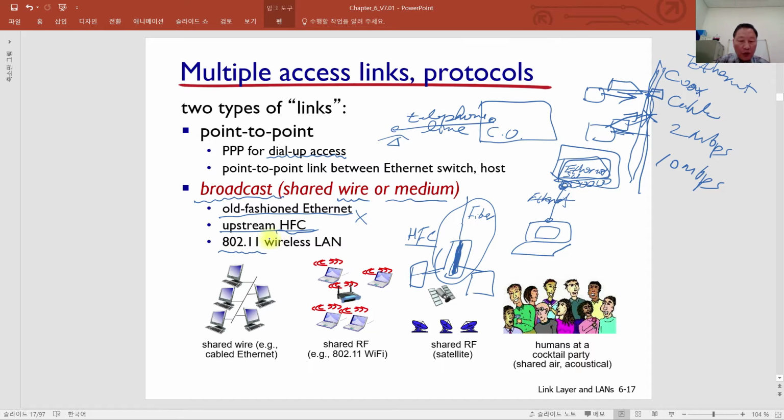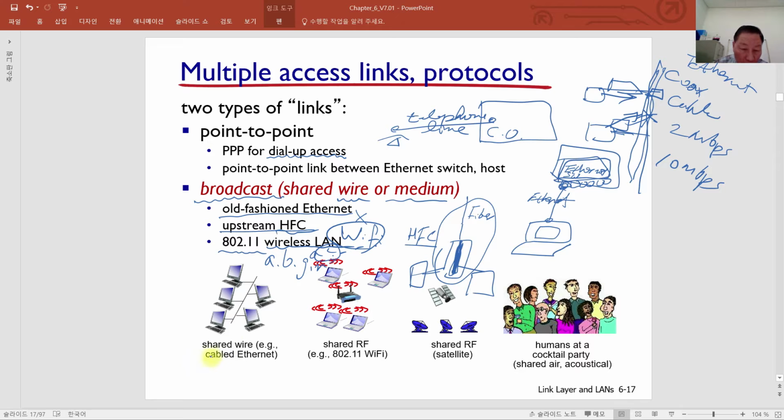And think about our 802.11 a, b, g, and so on. That is wireless LAN, Wi-Fi. This one is using a single radio channel, and we can say this one is a broadcasting channel, and the shared medium is the shared wireless radio medium.